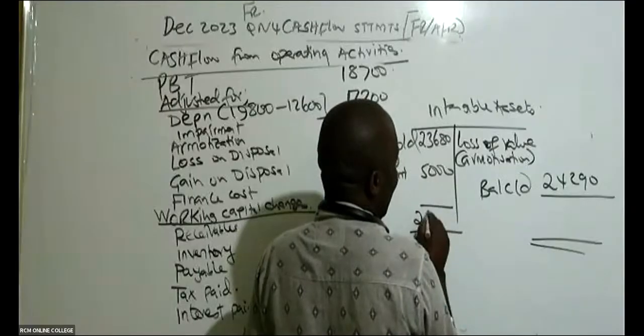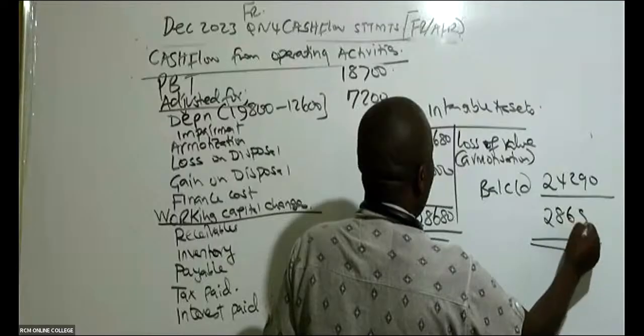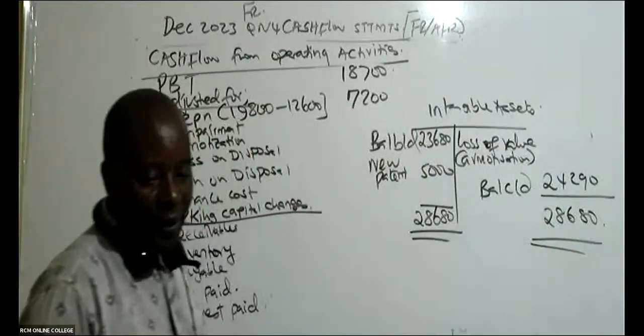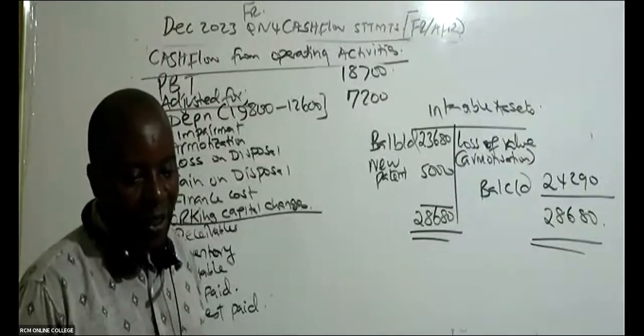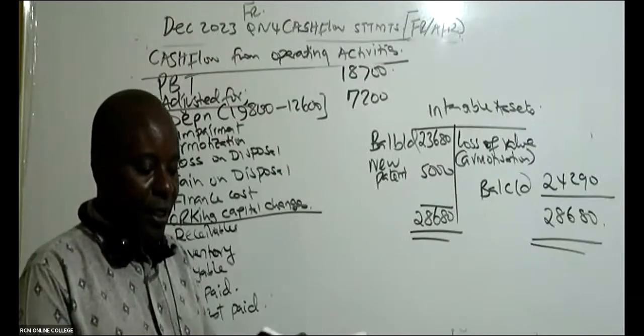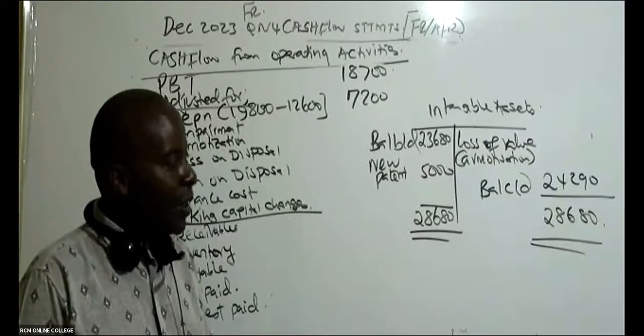So this is 28,680. Are you able to give me this amortized amount, my good students? Anybody who is able to give me this amortized amount?